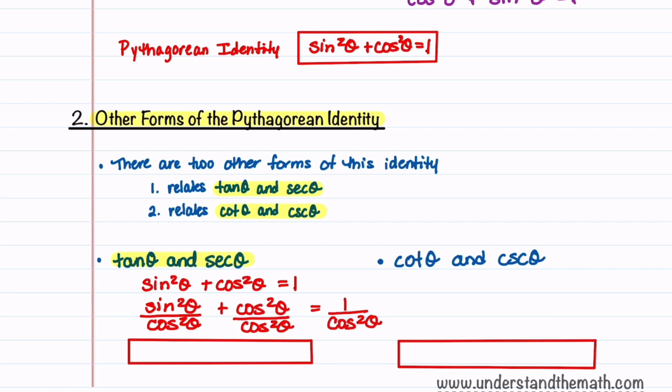This gives us the Pythagorean identity tangent squared theta plus 1 is equal to secant squared theta.